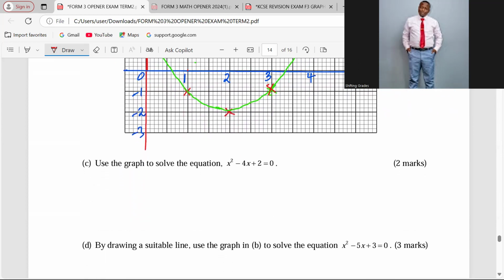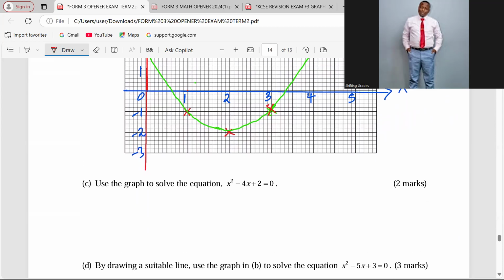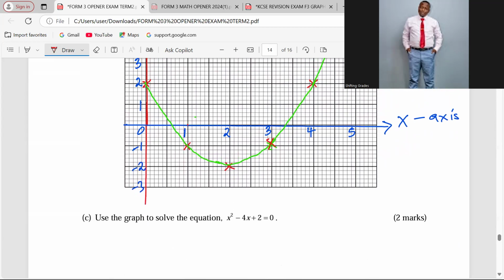Okay, there is the second part of this question, where we are told to use the graph to solve the equation x squared minus 4x plus 2 equals 0. What you should do for these questions, whenever you're solving equations using a graph, you start by writing the function which has been plotted: y equals x squared minus 4x plus 2.